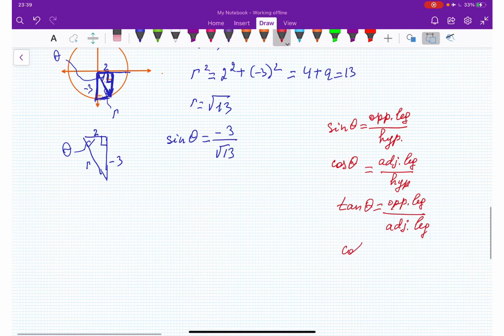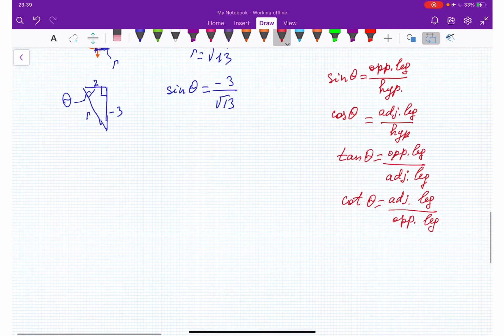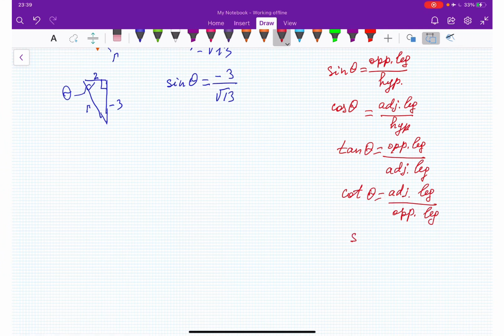Cotangent theta is adjacent leg, so we flip tangent, we get cotangent: adjacent leg over opposite leg. Okay. And then from here, secant. Secant is going to be the flip of cosine, which means hypotenuse over adjacent leg.